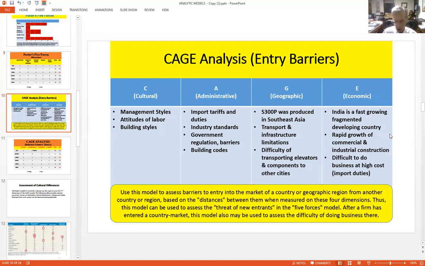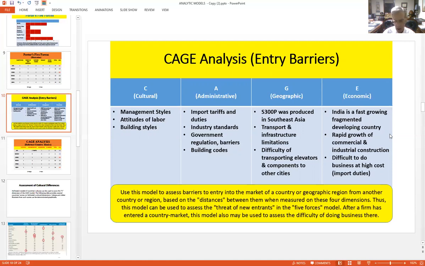Cage analysis was developed by a guy named Pankaj Ghemawat, who, like Porter, is at the Harvard Business School. Professor Ghemawat has spent a lot of time looking at international market conditions and international strategy, and is probably one of, if not the leading thinker in international strategy, one of a few.